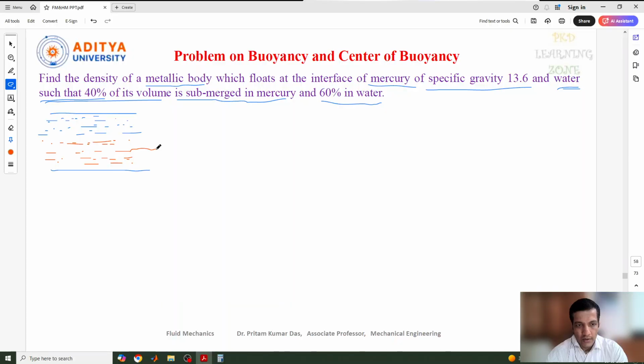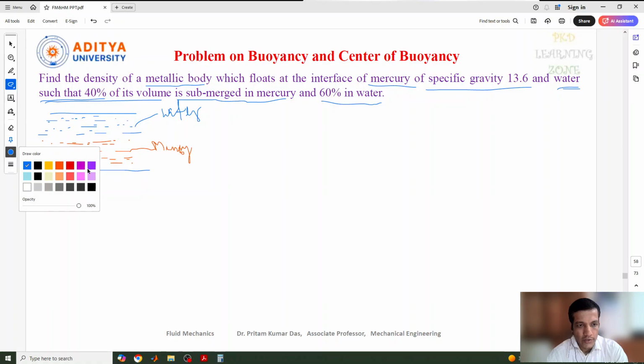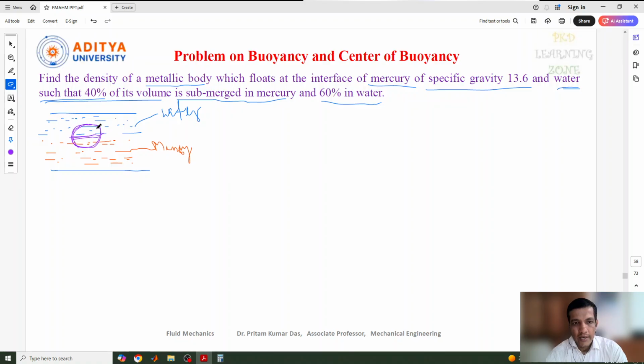So this is mercury, and this previous one is water. And the object we can draw it here, the metallic body. Now 40% of its volume is submerged in the mercury, and 60% of this body is in the water.